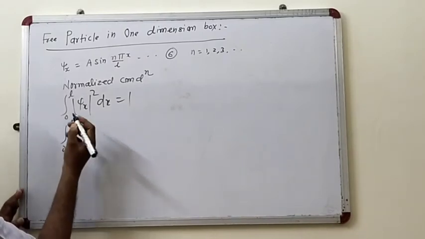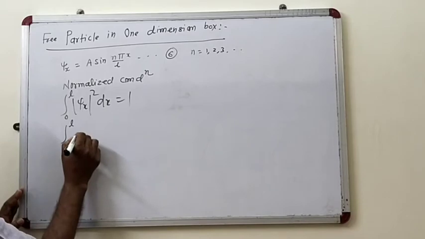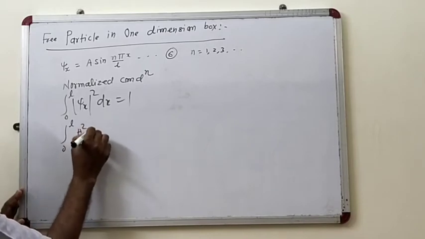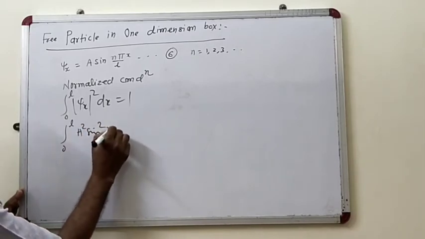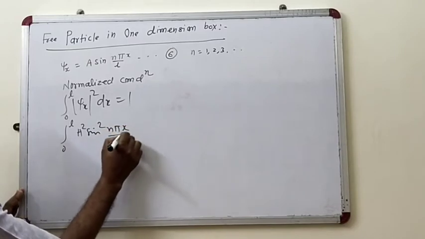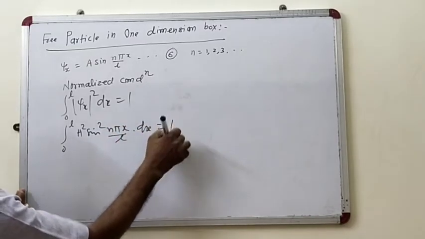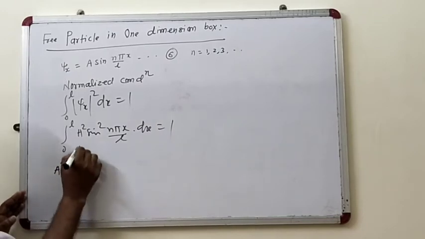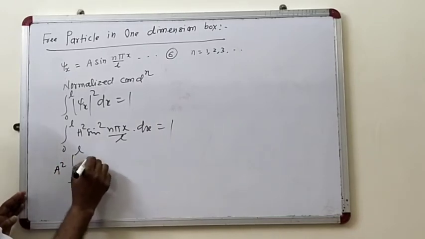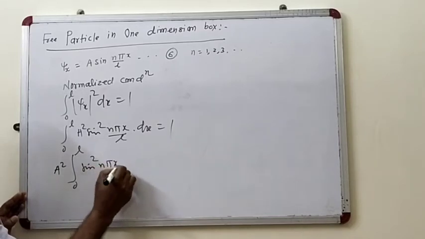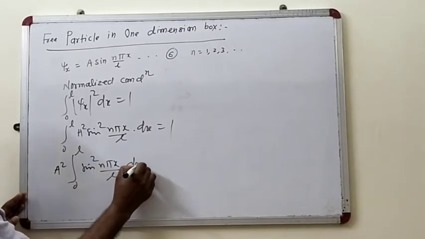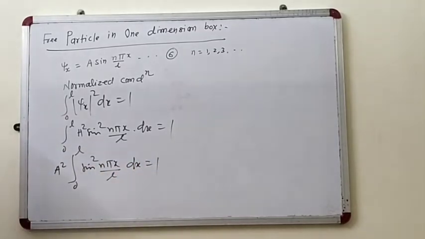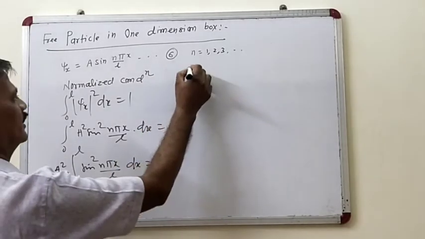Put the value of the wave function: A^2 sin^2(n pi x / L) dx is 1. That is, A^2 times the integral from 0 to L of sin^2(n pi x / L) dx is 1. Writing this way, A^2/2 times the integral from 0 to L of 2 sin^2(n pi x / L) dx. Using the trigonometric relation, A^2/2 times the integral from 0 to L of (1 minus cos(2 n pi x / L)) dx is 1.